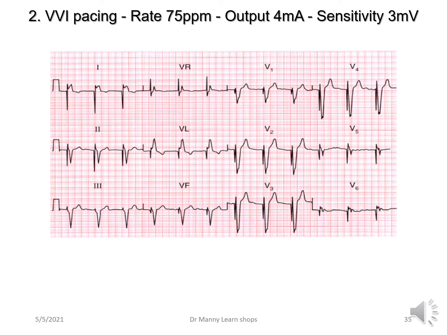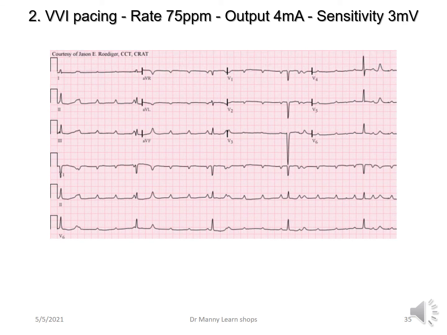Here we have VVI pacing. The rate is 75 pulsations per minute. Output 4 milliamps, sensitivity 3 millivolts. Suddenly, this happens. Your monitoring alarm goes off. They go into a bradycardia. This bradycardia is about 20 to 30 ventricular responses.